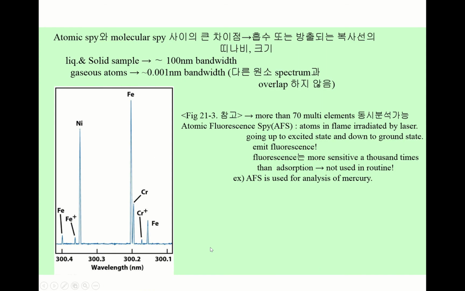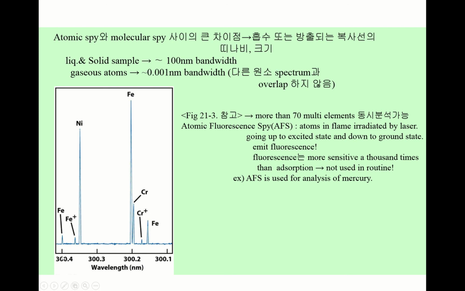So the big difference between atomic and molecular spectroscopies is that bandwidth. This figure illustrates it very nicely. Look at that. This is the emitted intensity, this is an atomic emission spectrum. The x-axis is wavelength.